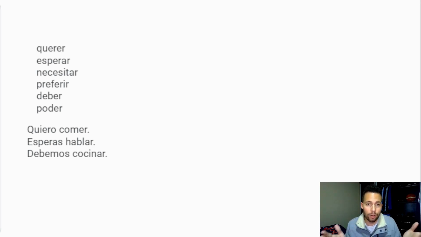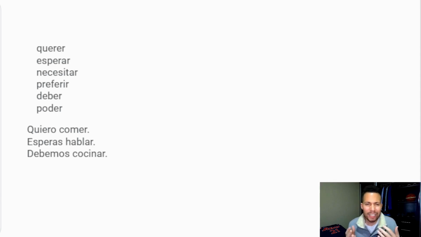This is something for you as an advanced learner. You probably learned this a while ago. But the idea here is these words, querer, esperar, necesitar, preferir, deber, poder, these are verbs that sort of beg to have an infinitive verb attached to them. On their own, they're not very actiony.